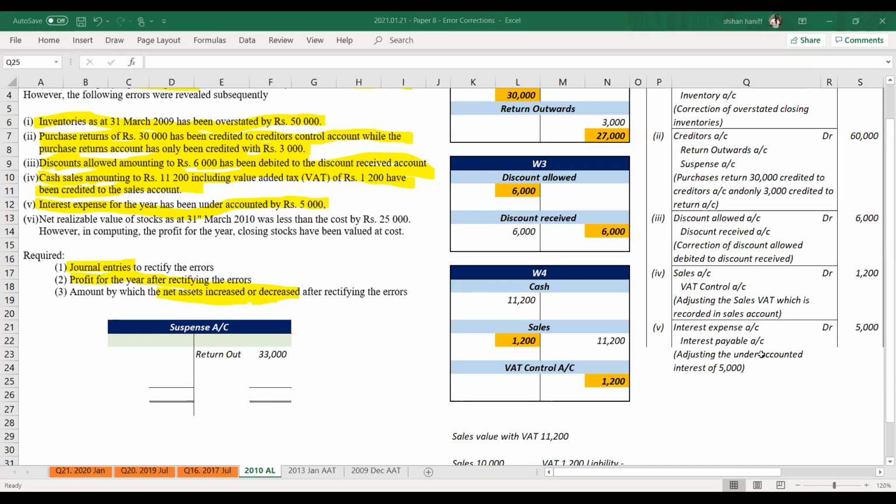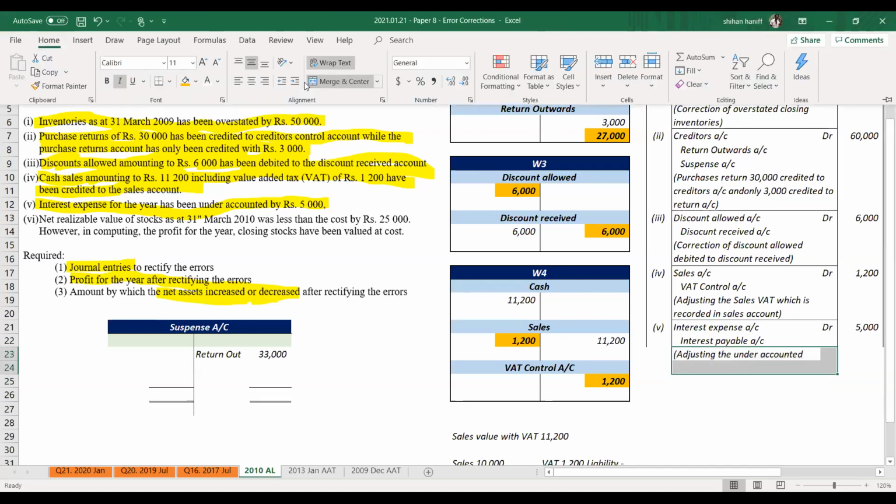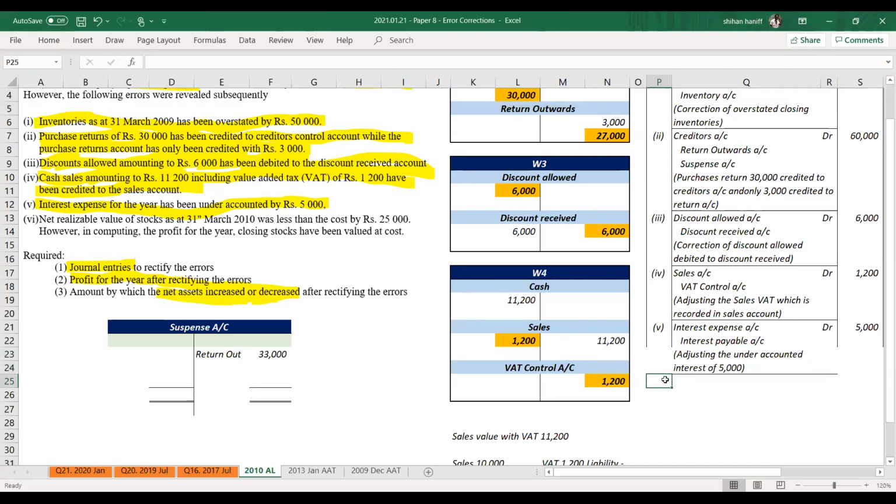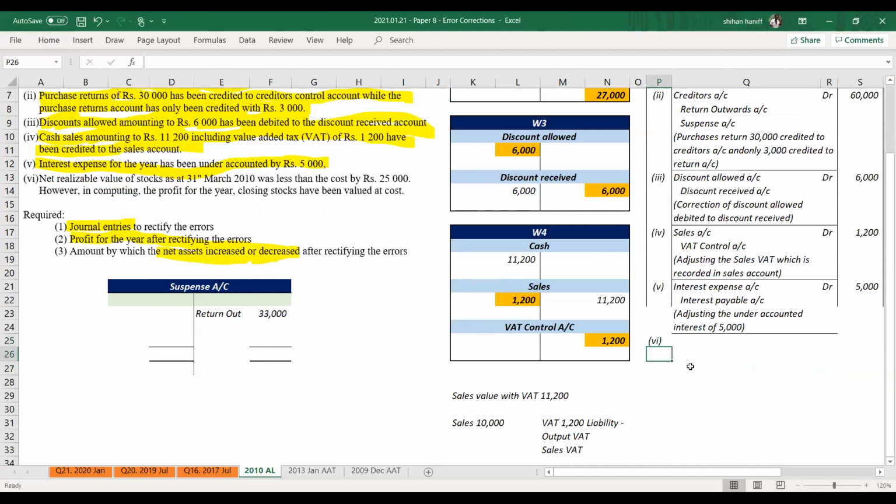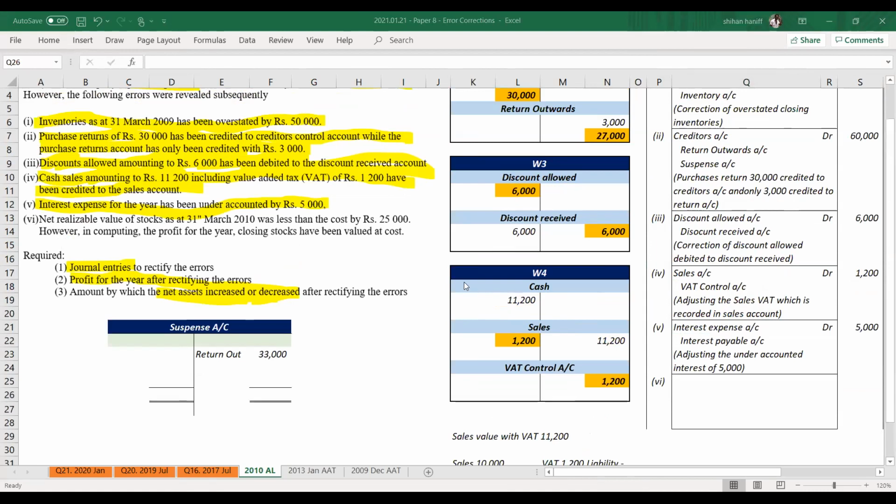Right. So in the fifth one, I assume that under accounted means they have not considered this 5,000.